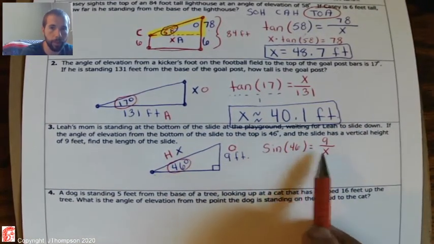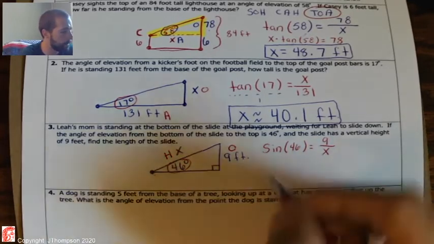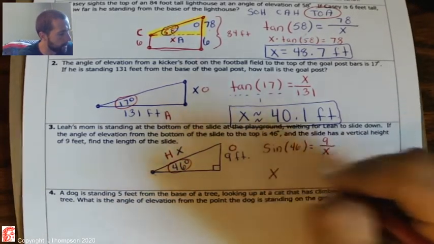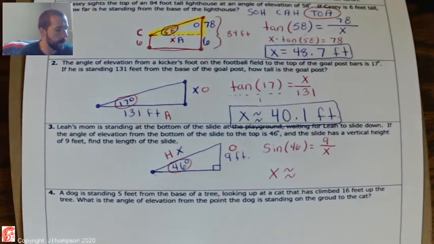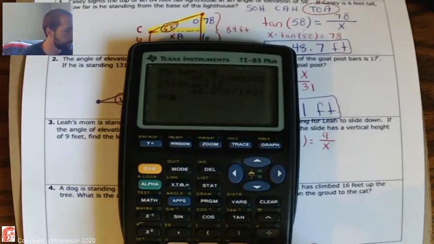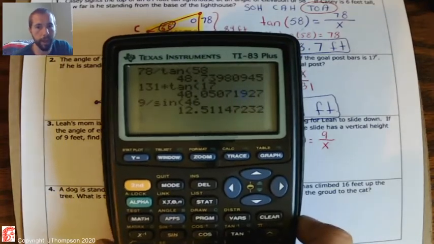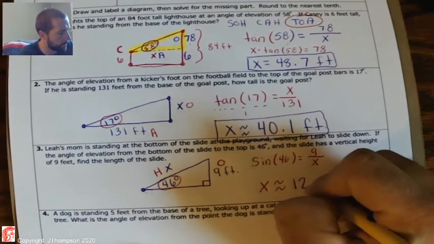So when we cross multiply, we get x times the sine of 46 equals 9. And then we would divide both sides by the sine of 46. And that would give us our value. So we're going to do 9 divided by the sine of 46. And we get 12.5. So the length of the slide is about 12.5 feet.